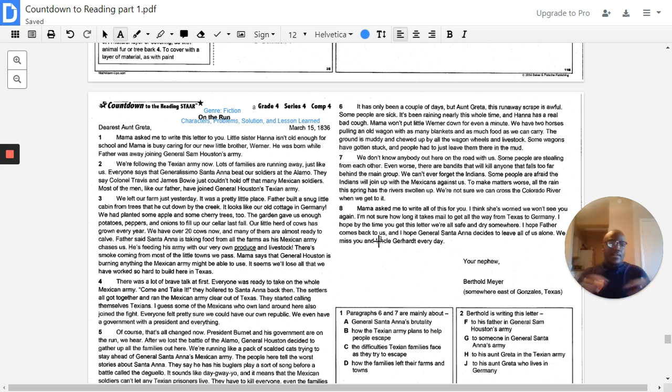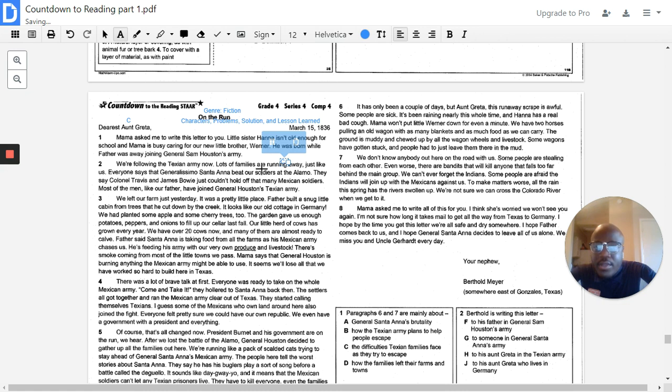All right, so we have a whole bunch of things going on already. Firstly, she's writing this letter to Aunt Greta, but she's also informing her that there's been a lot of change in the family. We haven't gotten the name of our main character yet, but we're going to put C's over each of our new characters that we've been introduced to.